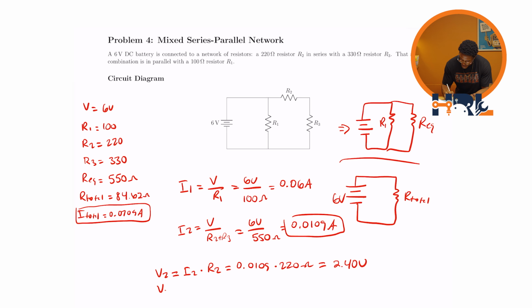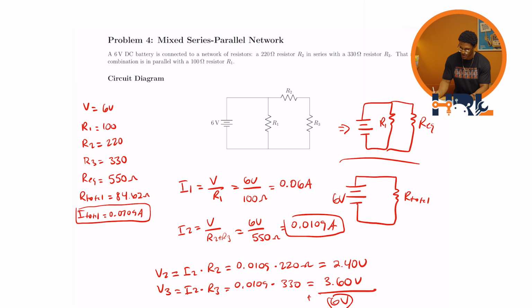And then V3 is going to be I2 times R3, which is 0.0109 times 330. And this one is approximately 3.6 volts. And now if we add these up, these will all come out to 6 volts, which is what we expect coming in from the source.